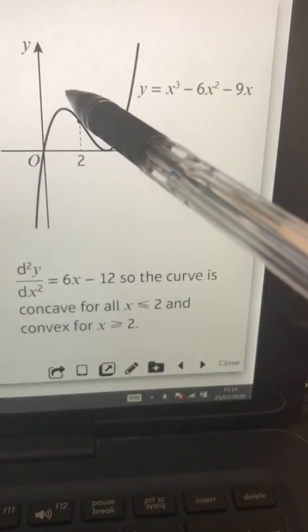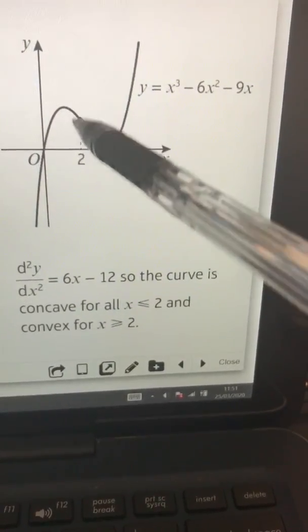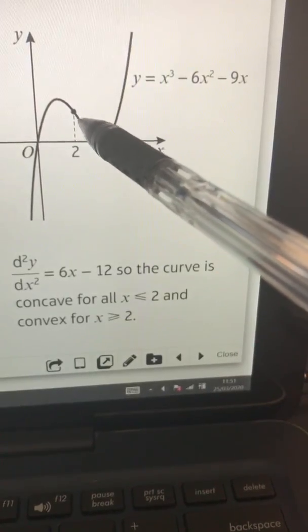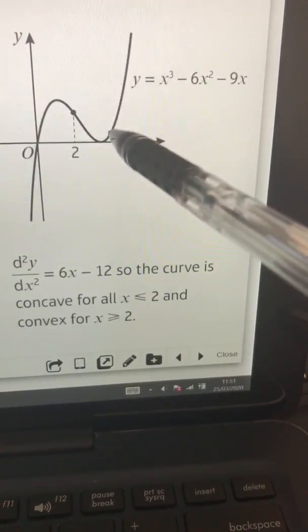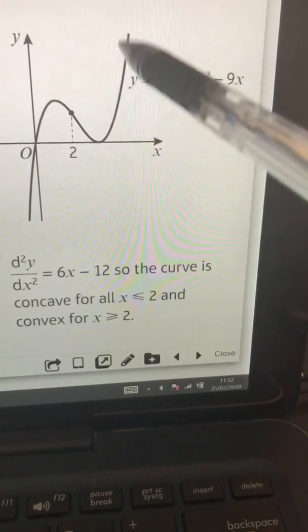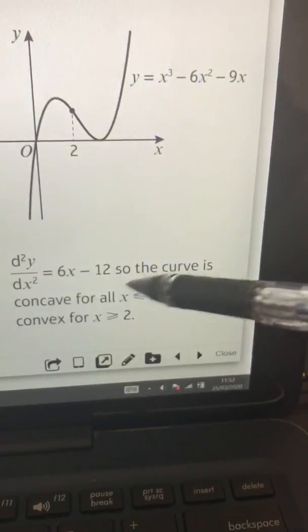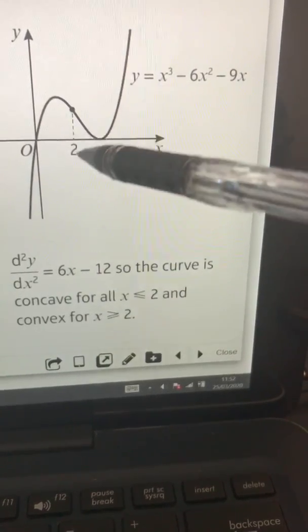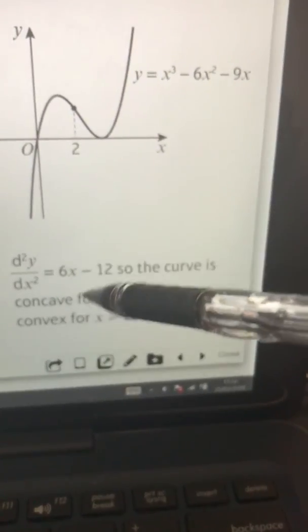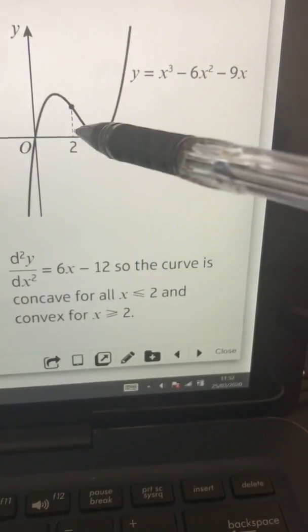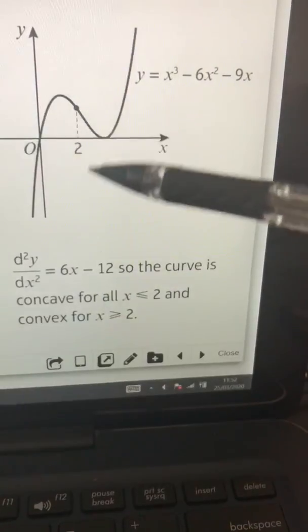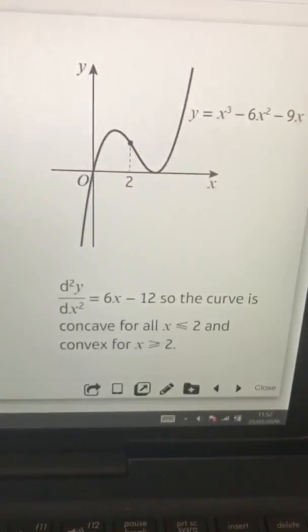So from this point onwards, you can see it forming a concave, and this part here is forming a convex. That's why the curve is concave for all values of x less than or equal to 2, where it's convex for x more than or equal to 2. When I do a few more examples, you will understand it better.